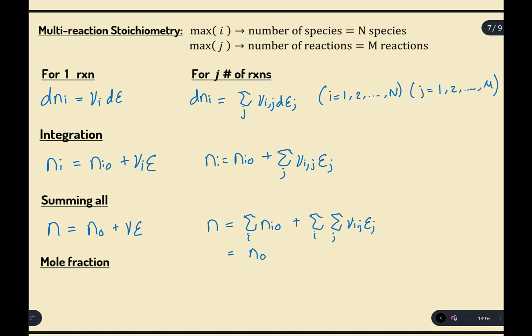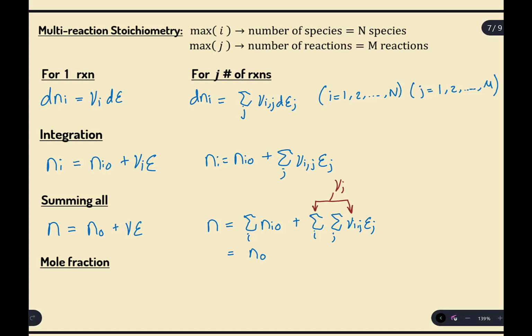Now if I take the sum over I together with the Vi, we get rid of the I, and it'll simply be Vj, which is the sum of the stoichiometric numbers for reaction J. That would be multiplied by epsilon J, the reaction coordinate.